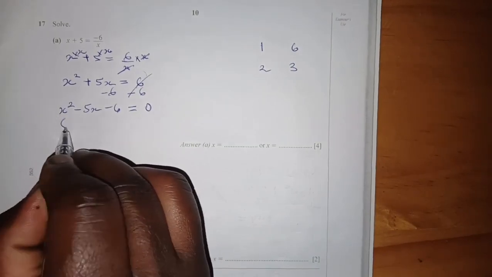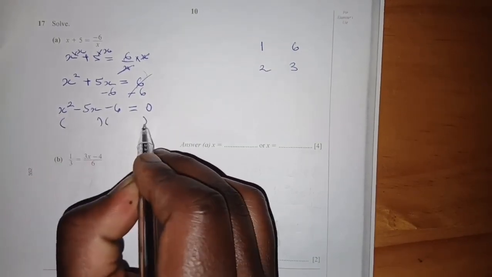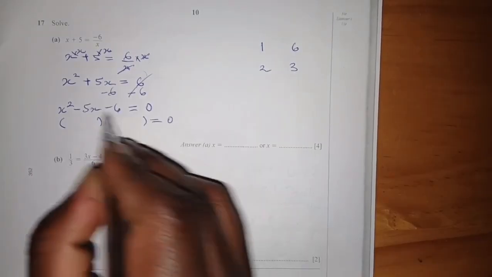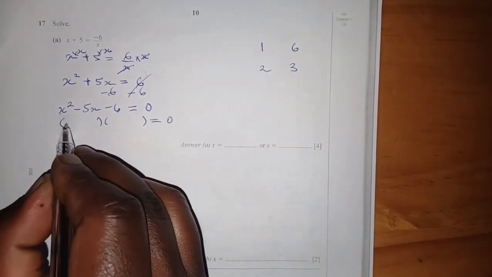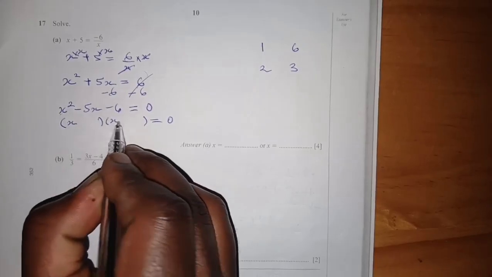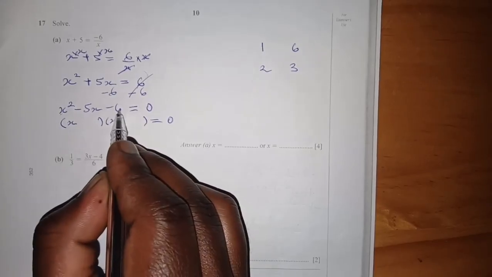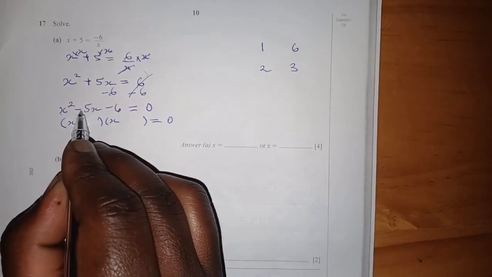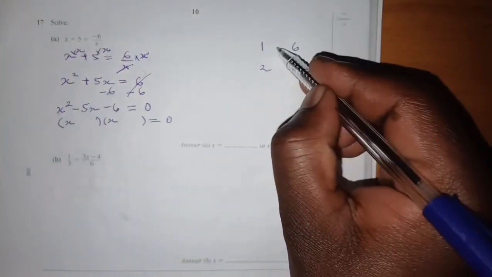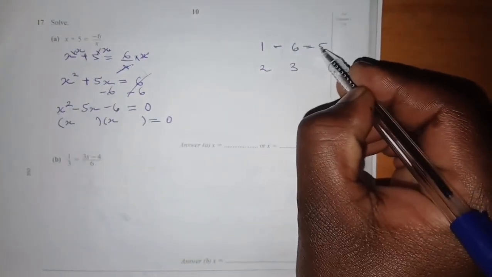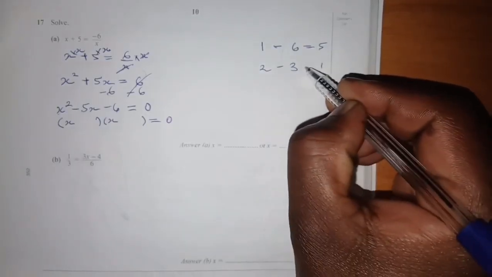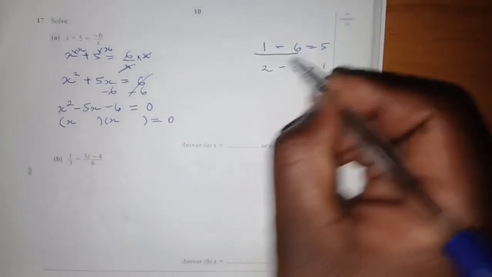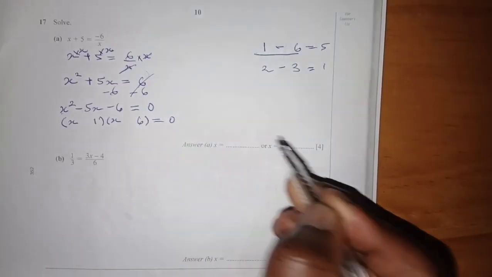To factorize this, you are going to have 2 brackets being equal to 0 there. Now factors of x squared, that's x and x. Now factors of 6, when you subtract, you get 5. Let's just subtract these ones. Minus, this is giving me 5. Minus, this is giving me 1. So we are going to pick 1 and 6.